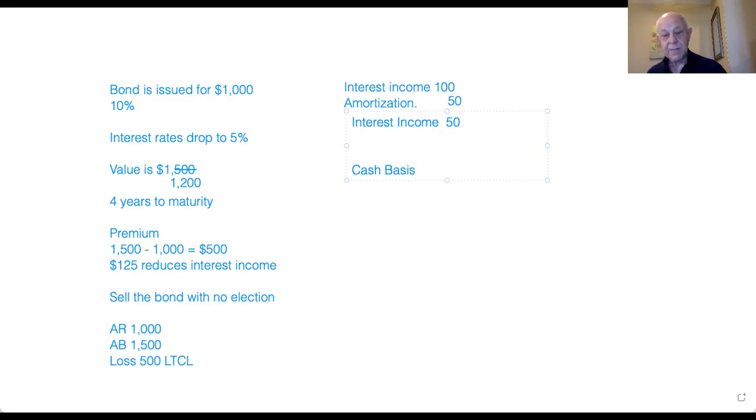Again, if I was a cash basis taxpayer, and instead of buying the bond on January 1st, I bought the bond on October 1st, but it had just paid its coupon on September 30th. So I'm buying the bond at $1,200 on October 1st. And I would normally say, okay, I've got 3 months in the year.